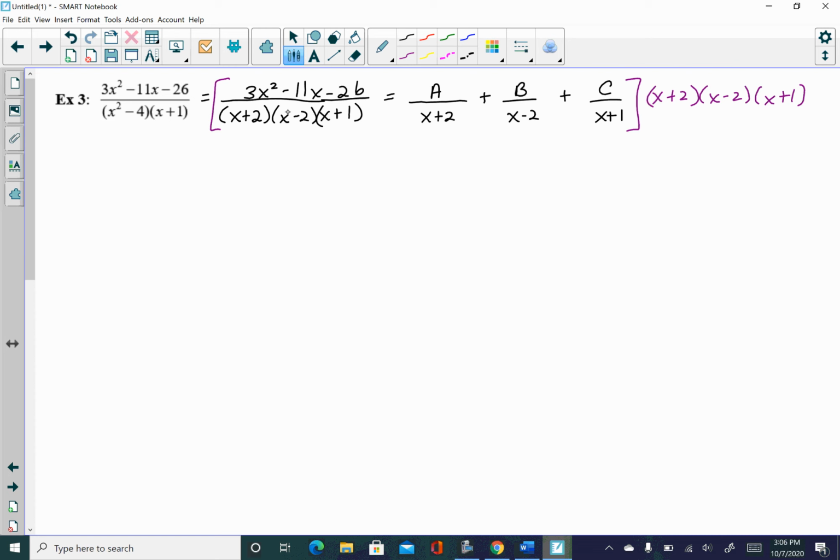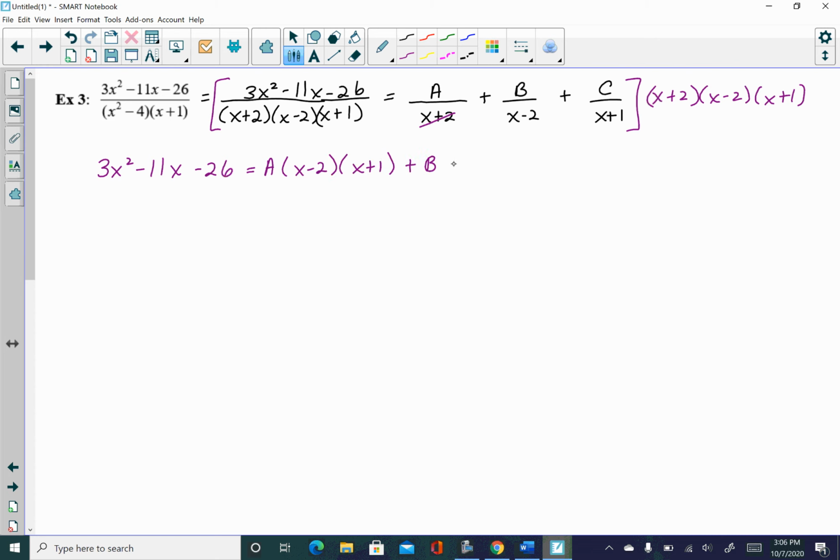So when you multiply the left-hand side here, the whole denominator goes away, and you're left with 3x squared minus 11x minus 26. The next term, the x plus 2 is going to go away, and you're going to be left with A times the other two pieces, x minus 2, x plus 1.